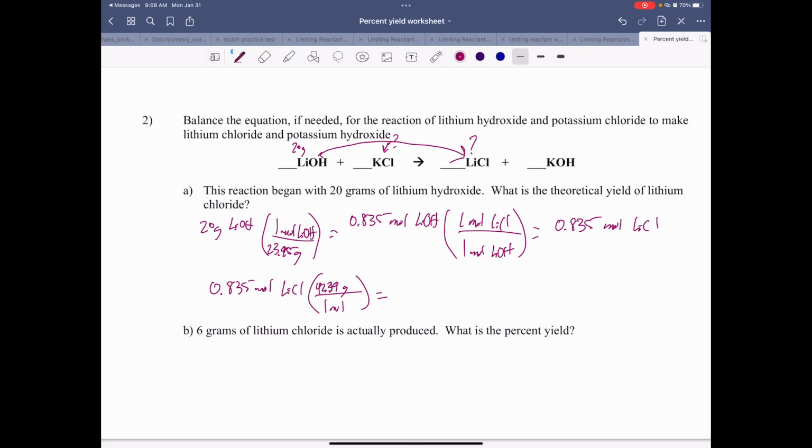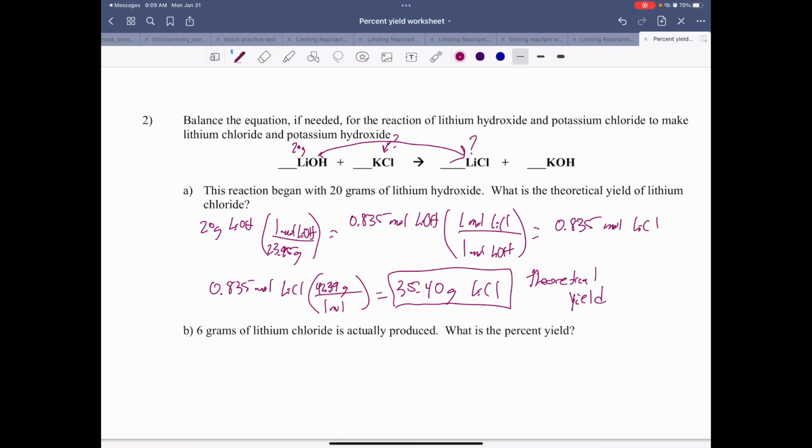So times 0.835, let's call it 35.40 grams of lithium chloride. That is the theoretical yield. That's how much you should get.